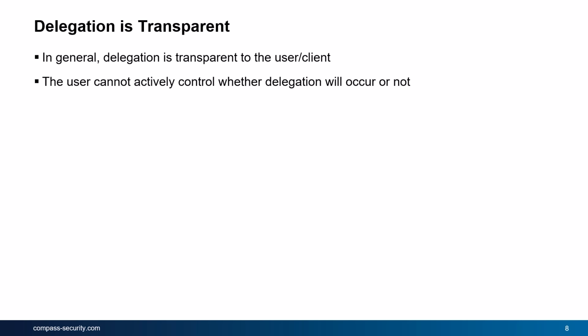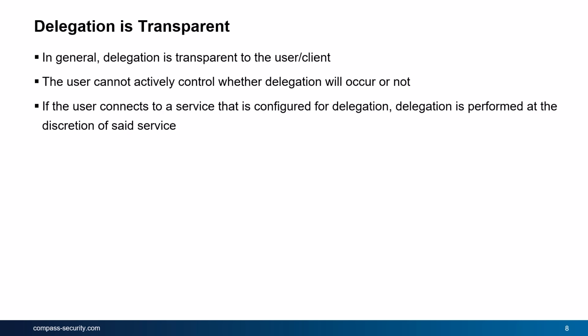One more thing regarding delegation that is maybe not apparent in the beginning is that delegation is essentially transparent to the user that is being delegated. So the user that connects to a system, and then the system is configured for delegation, the user does not actually have any say about whether delegation will occur or not, and they don't even see whether this is done.